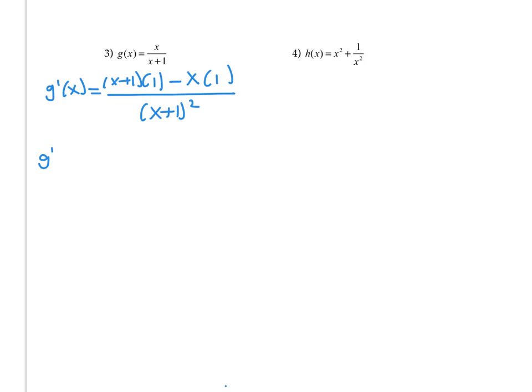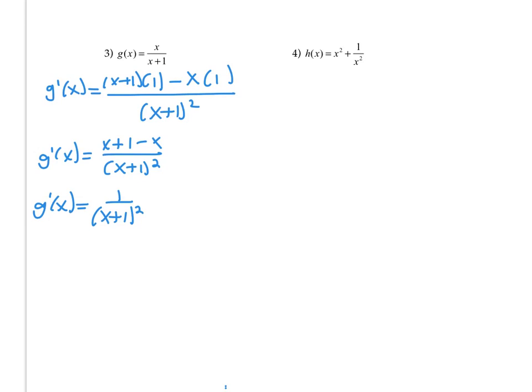So g prime of x will give us x plus 1 minus x, all divided by x plus 1 quantity squared. So our first derivative is just equal to 1 over x plus 1 quantity squared. So for the critical value in here, we won't set it equal to 0 and solve because we wouldn't come up with anything.